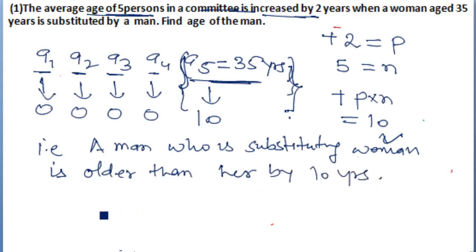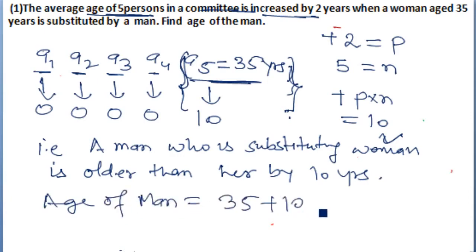So the age of the man will be 35 plus 10, that is 45. Answer.